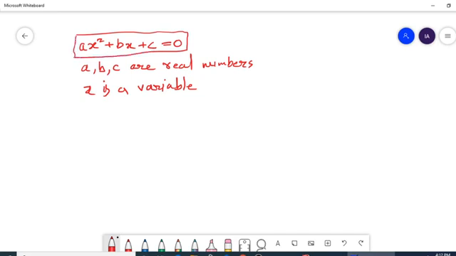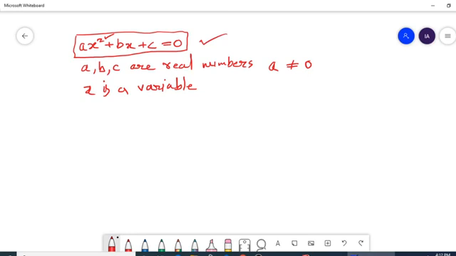But here we have some condition, like a should not be equal to 0, because for being quadratic equation it is important that the highest degree of the equation should be 2. If your a is 0, this equation will not remain as quadratic equation.